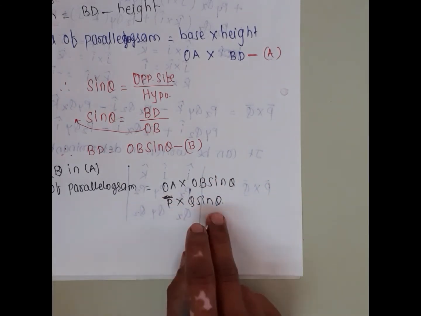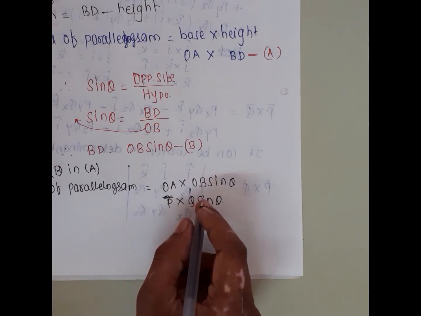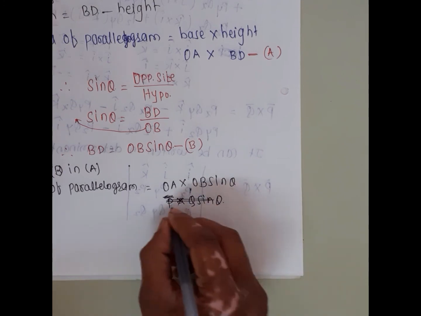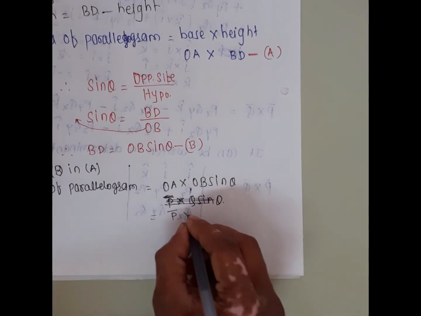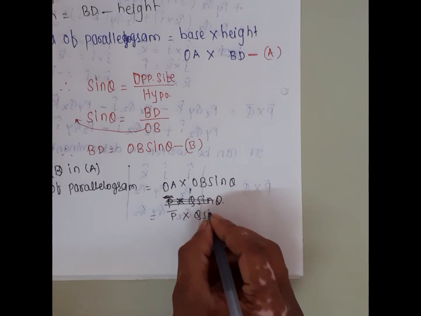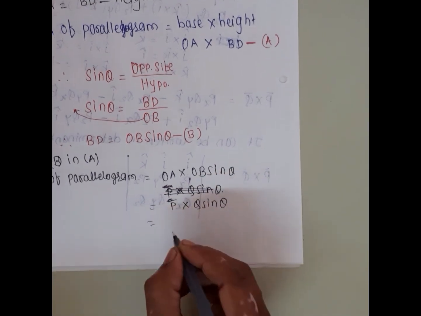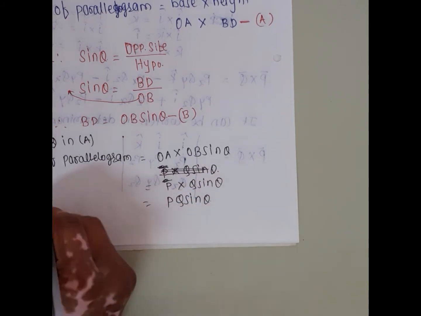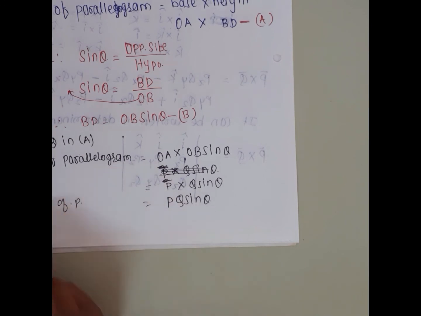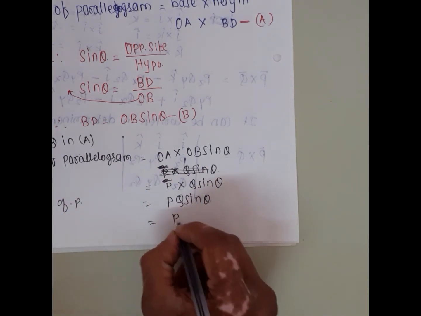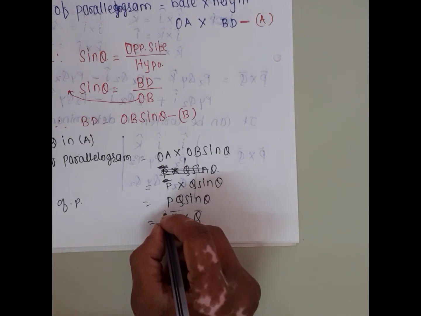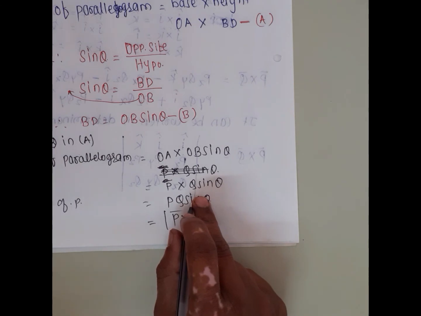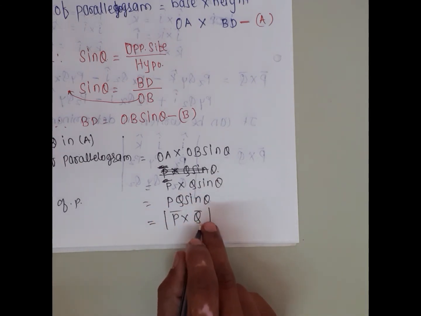This is not a cross, this is multiplication, so it is p q sin theta, which is the area of the parallelogram. This is also represented as the magnitude of p bar cross q bar, because the value of p bar cross q bar is p q sin theta.